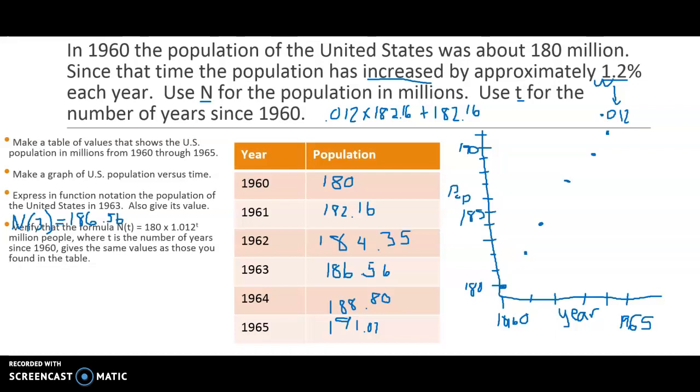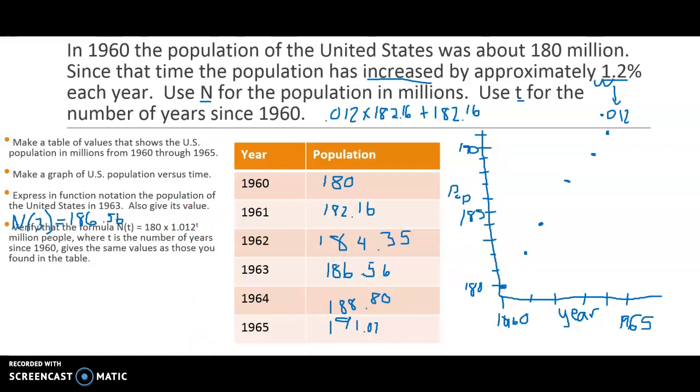Next thing, it says verify that the formula n of t, 180 times 1.012 to the t power, will give us the same values as in the table. So this is where I'm going to my calculator, and we are going to type this in to our calculator, where our calculator has a y equals, which is a new thing for us to do with our calculators.